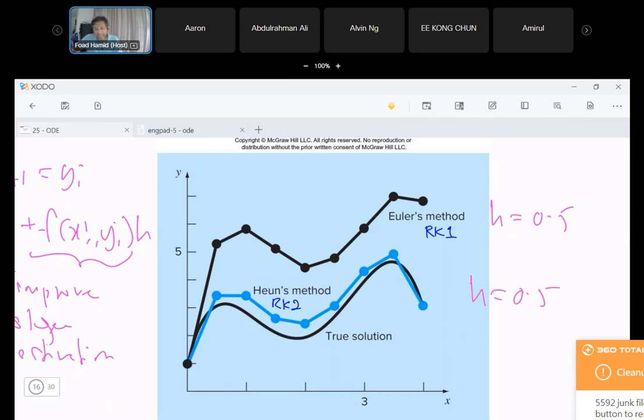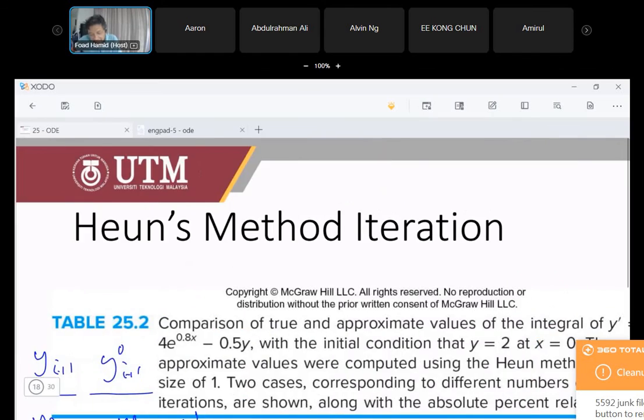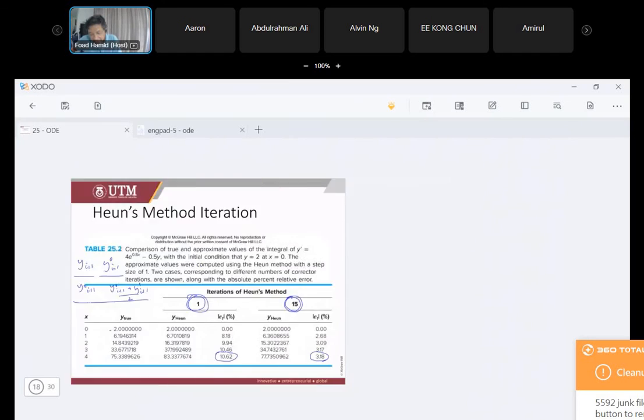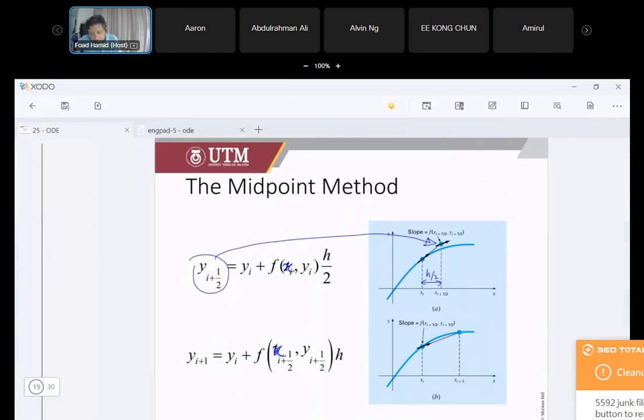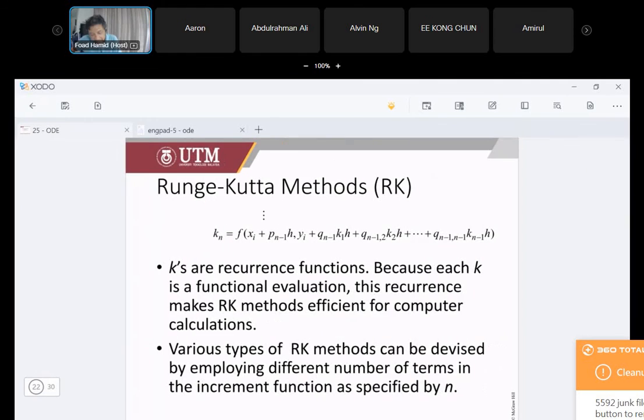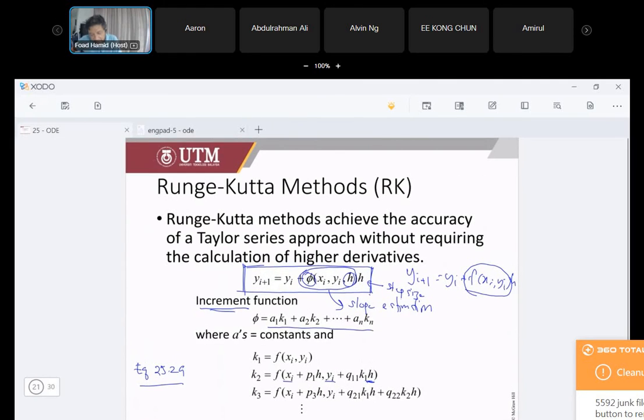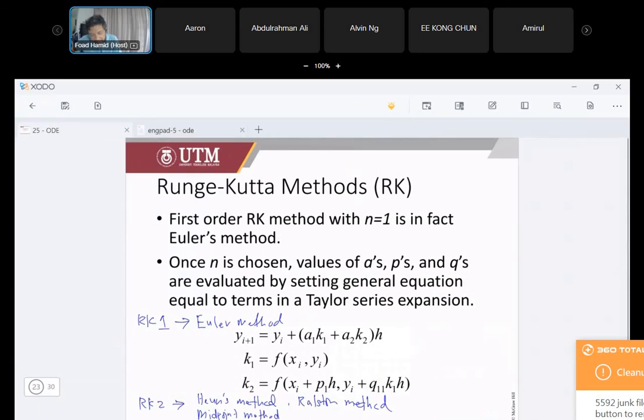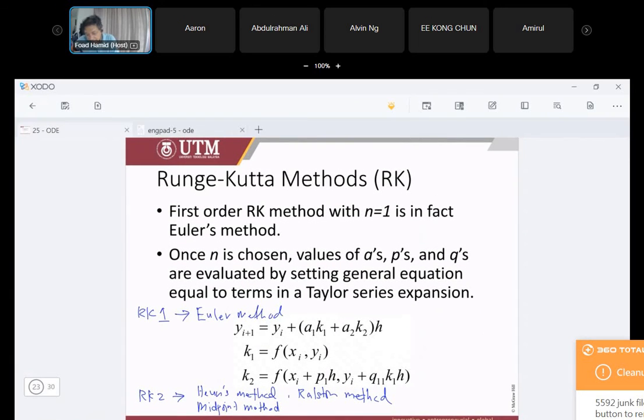And of course, there is one more, RK4, which is fourth order method. For our practical purposes, RK4 is good enough for our use.